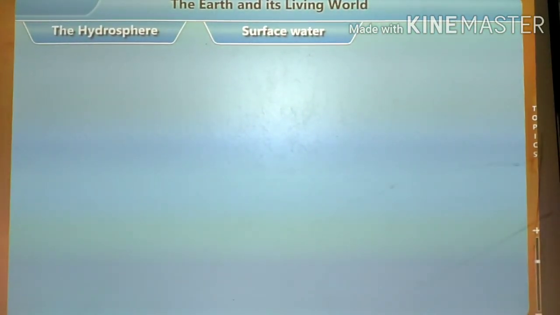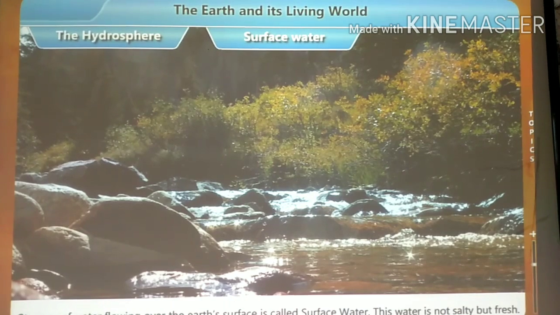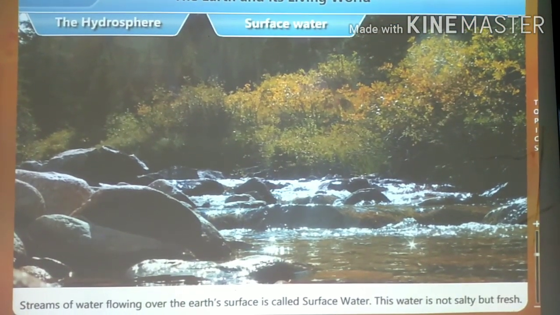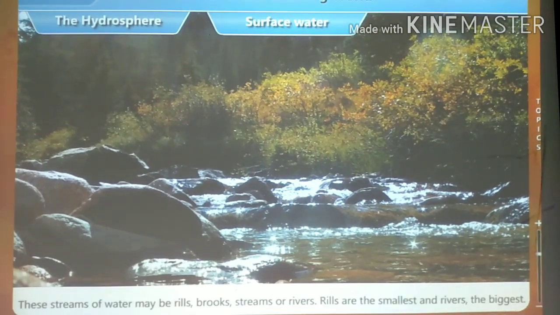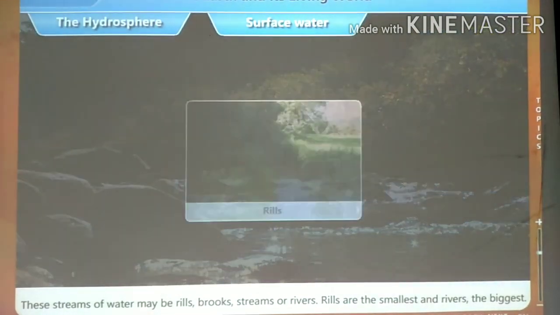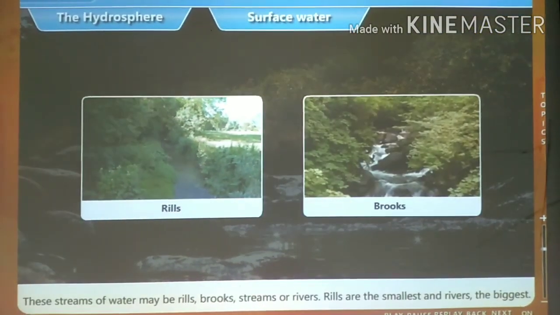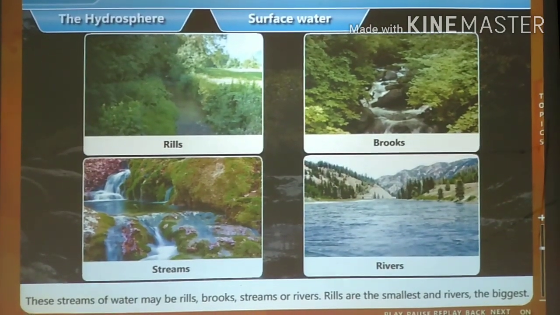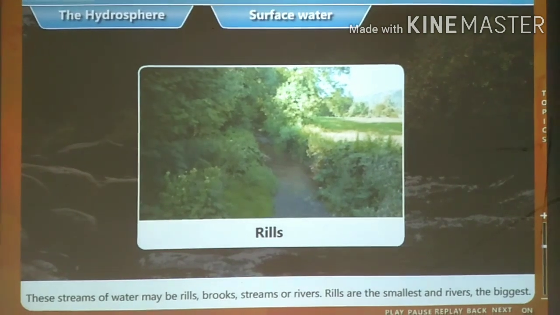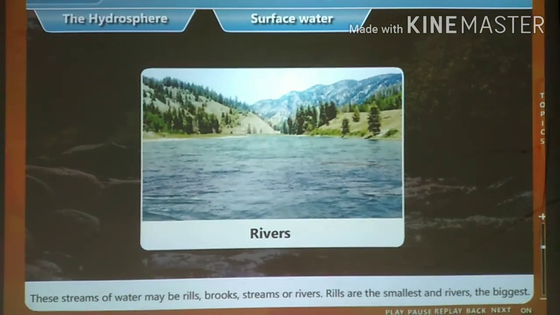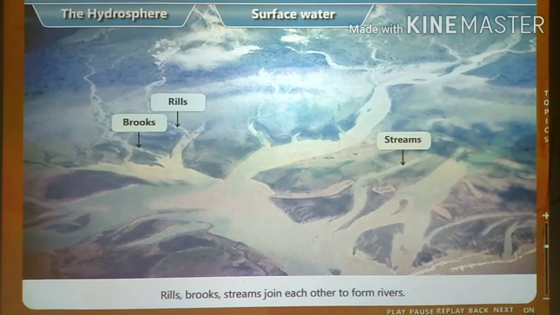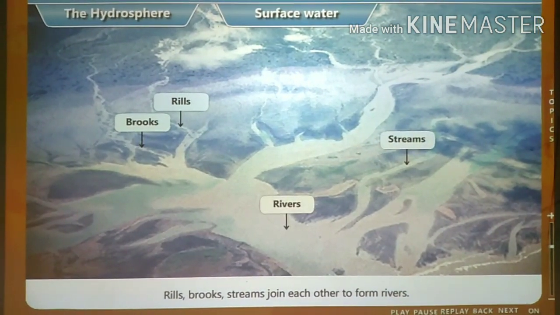Surface water. Streams of water flowing over the Earth's surface is called surface water. This water is not salty but fresh. These streams of water may be rills, brooks, streams, or rivers. Rills are the smallest and rivers are the biggest. Rills, brooks, and streams join each other to form rivers.